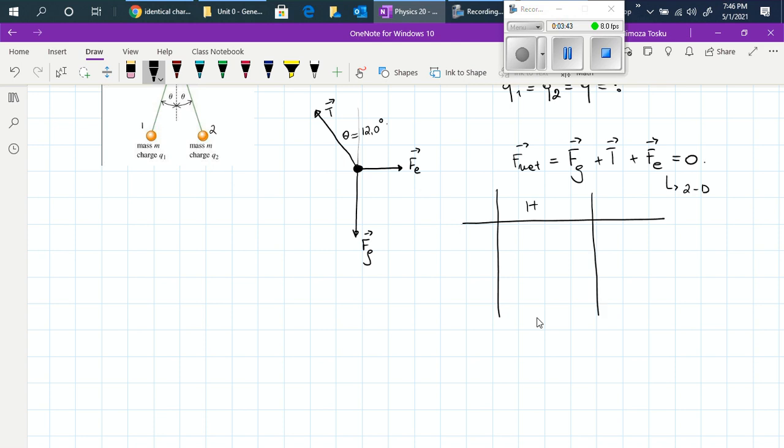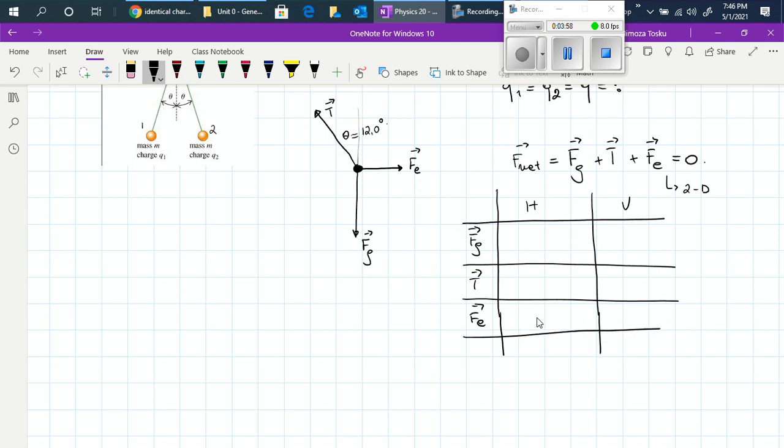We'll go horizontal and vertical: force of gravity, tension, electrostatic force, and the sum of all those forces is equal to 0 because the object is in equilibrium. The horizontal component of the force of gravity will be 0. The vertical component will be negative 2.5, the mass of the object, times 10 to the power of negative 3 to convert it into kilograms, times 9.81.